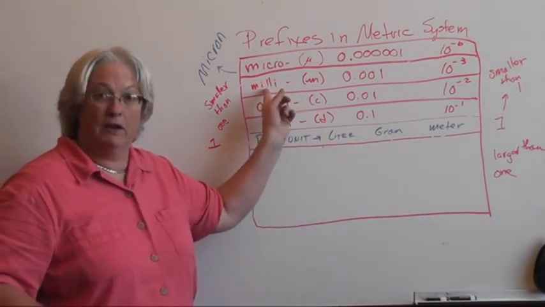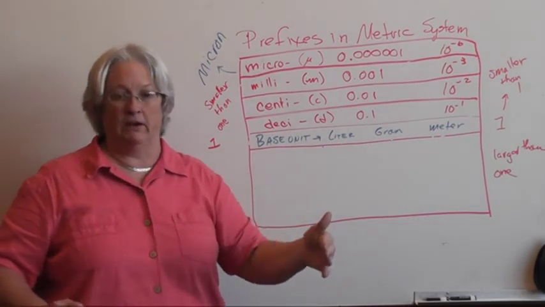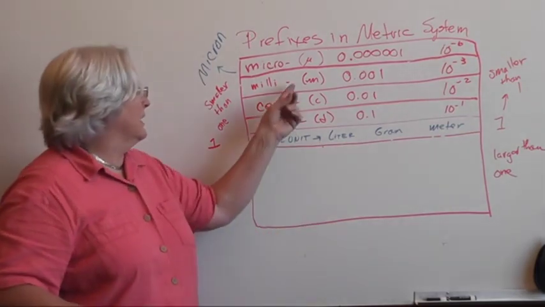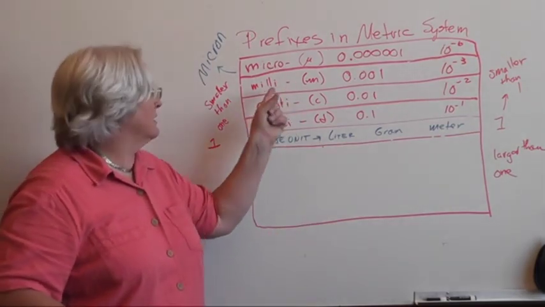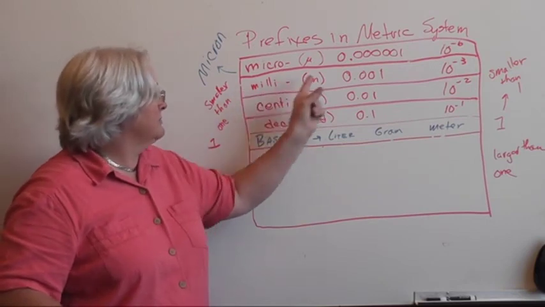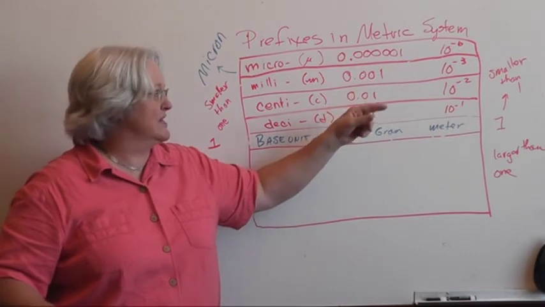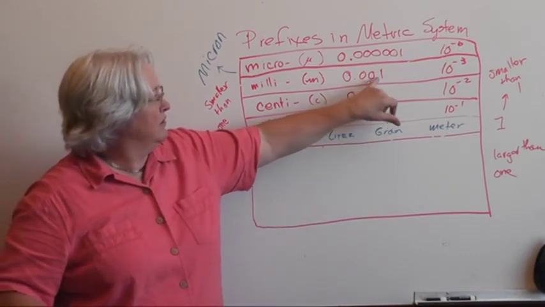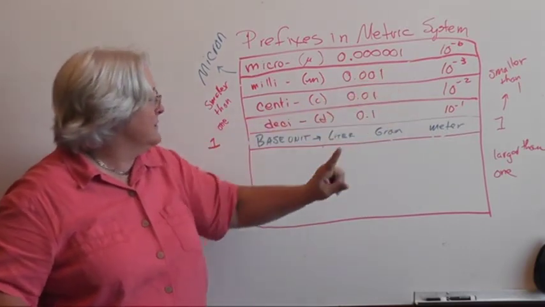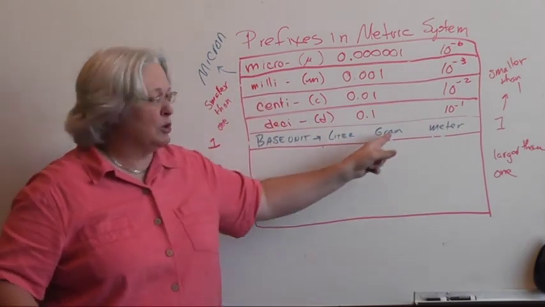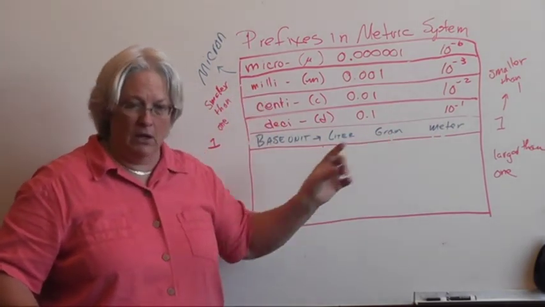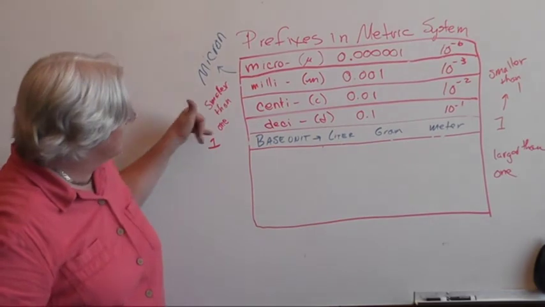You think of millennium, you know, we went to a new millennium in all of our lifetimes. Millennium is 1,000 years. That's from the Latin milli. So milli means 1,000th. A milligram then, it's smaller than one.